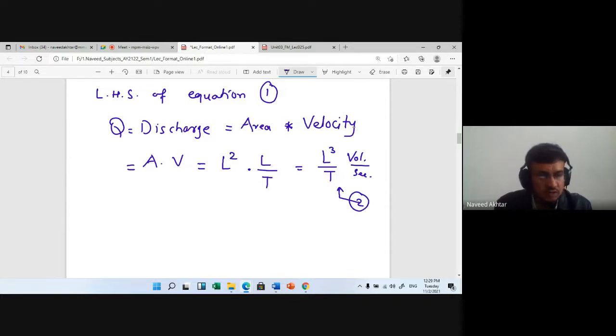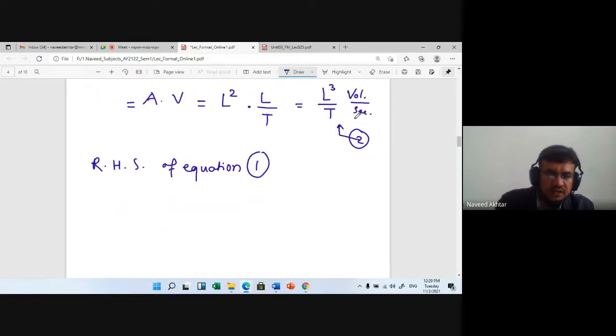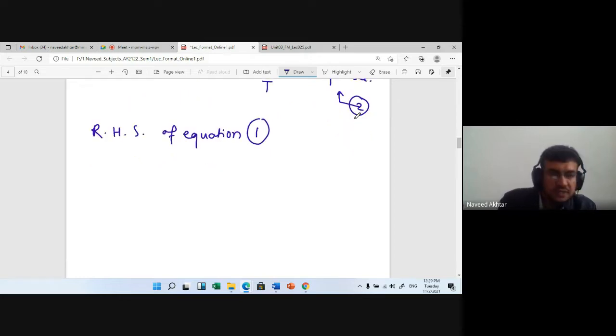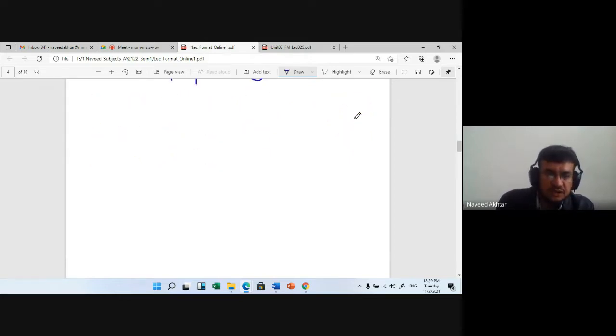Now I will write down equation 2. Now you will see the right hand side of equation 1. Are you understanding? If there is any issue, then you can interrupt me. So RHS of equation 1 is CD, the coefficient of discharge, A under root of 2GH. The coefficient of discharge has no dimension, it is a dimensionless quantity. Area has dimension L square, into under root of 2GH.